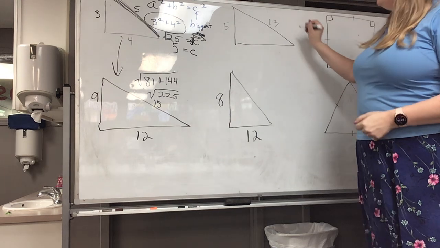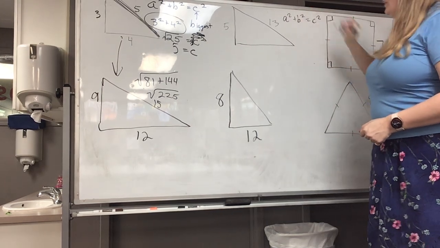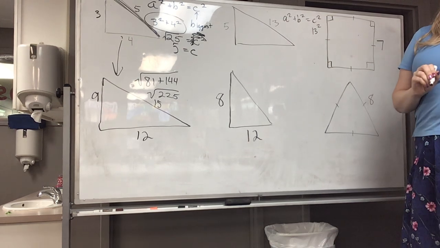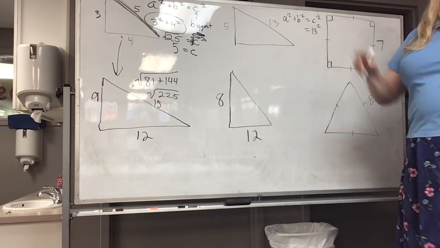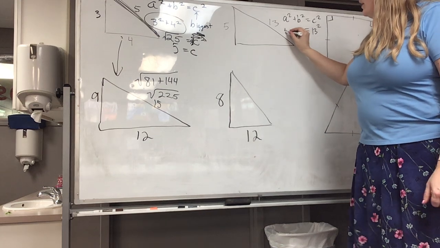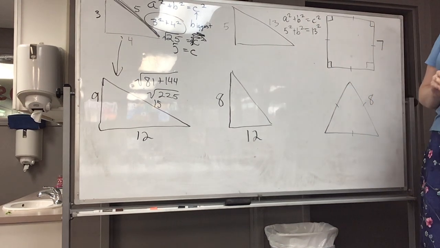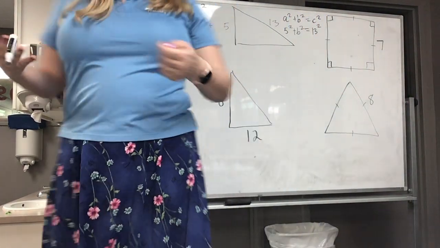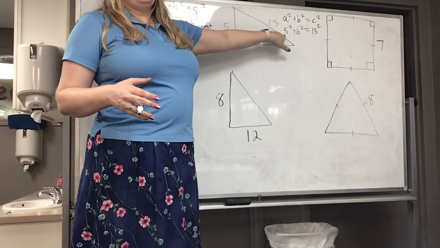And so instead, go back to a squared plus b squared equals c squared. 13 has to go alone. And whether you put 5 in for a or b does not matter at all. I'm going to put it in for the first one. And so instead of 5 squared plus 13 squared, we need to be taking that 13 squared and subtracting 5 squared.